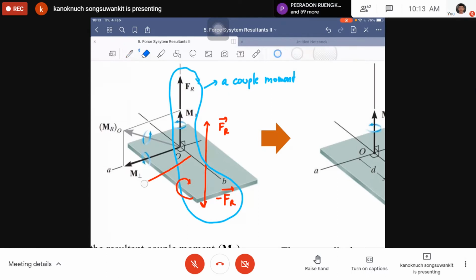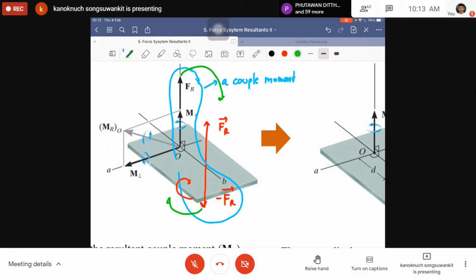Okay, not this direction, the opposite direction. Right, use the right hand rule. This force Fr will rotate in a clockwise direction. Then it means that the moment is negative.